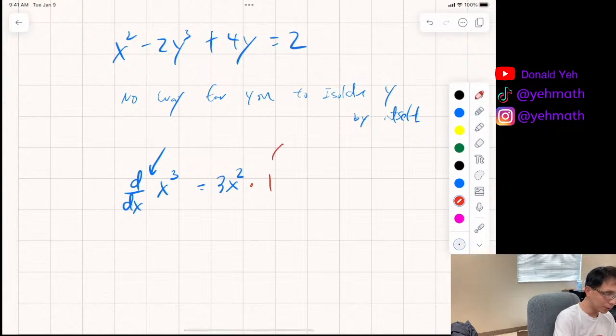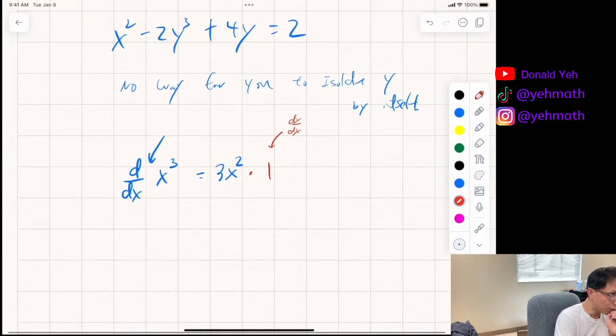This is actually like dx over dx. Because you take 3x squared, do I have to take a derivative of x with respect to x? Technically you do, right? So there's a 1 over there. Even though it's invisible, it's still there. So that is the chain rule. Does that make sense? Yes or no?